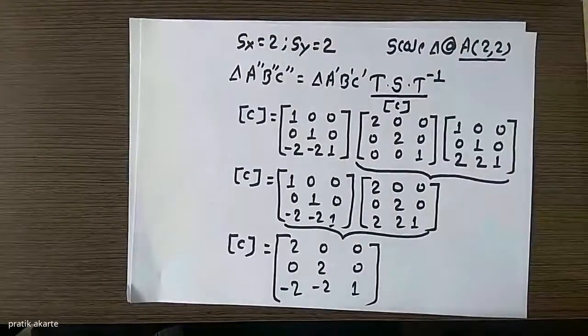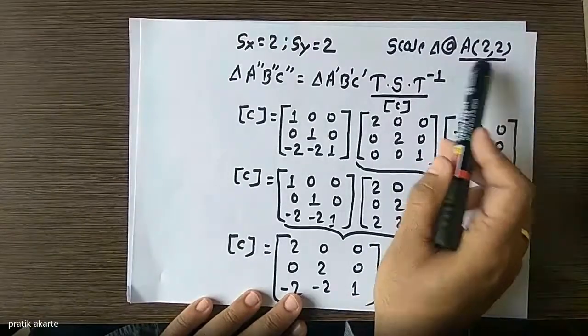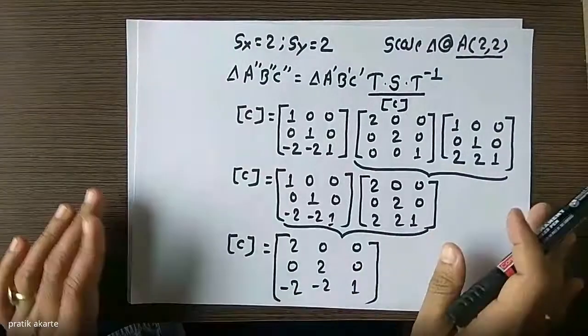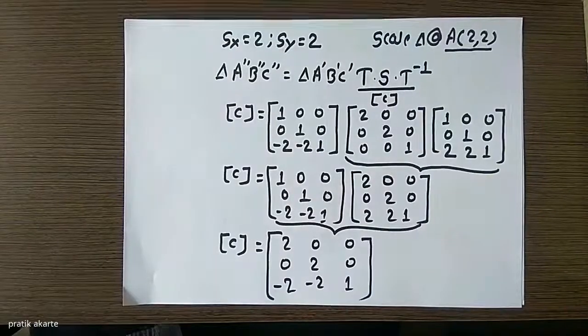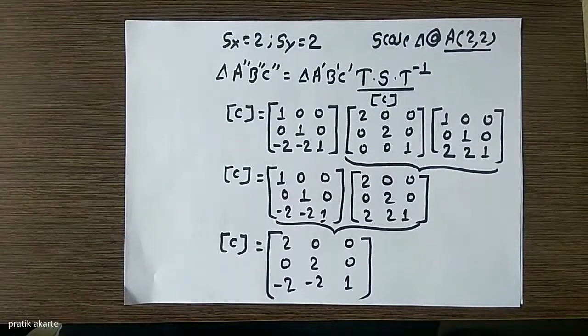Then we'll scale about the point 2 comma 2. Now for scaling, we know that we cannot scale about any arbitrary point directly, so we have steps to follow. What are the steps? We first translate that point to the origin by some tx and ty distances, then we scale, and then we reposition the point back to its initial position.